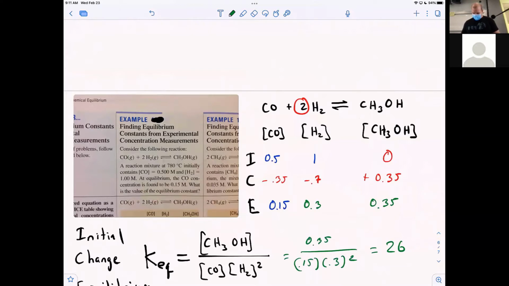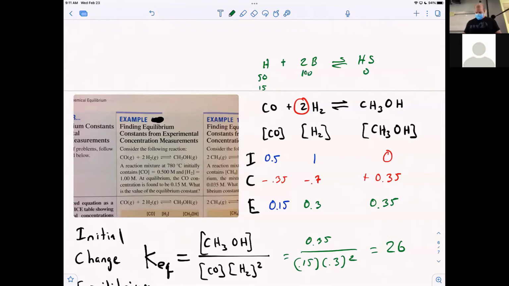Think of it like this equation. Think of it as ham plus 2 pieces of bread in equilibrium with a ham sandwich. Let's say we have 50 pieces of ham and I end up with 15 pieces of ham, and we have 100 pieces of bread and no ham sandwiches.